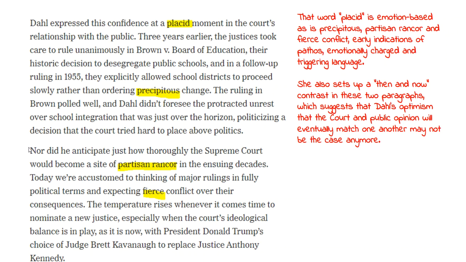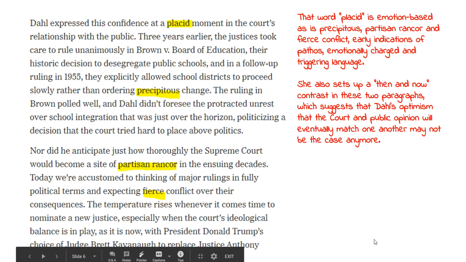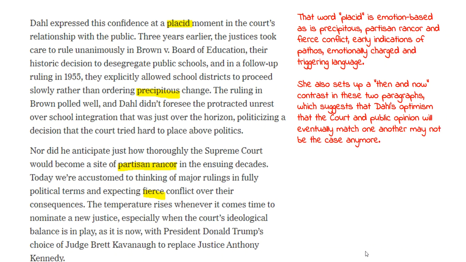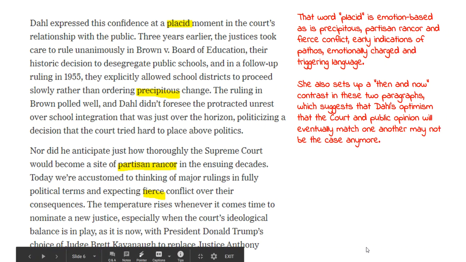And then her contention is going to be that this new Supreme Court is still going to be a minority supporter, but it will be a minority supporter of those who would deny other people their rights.